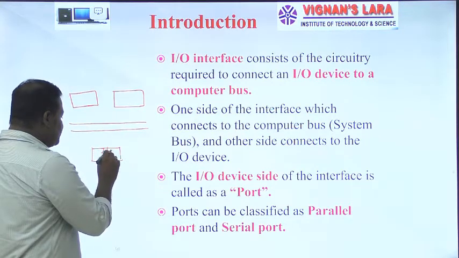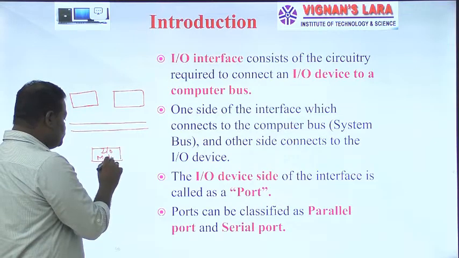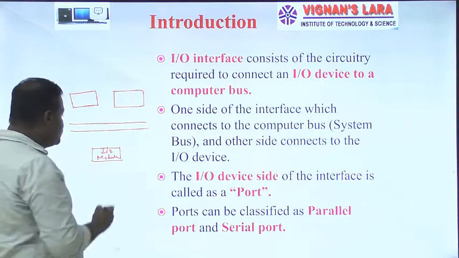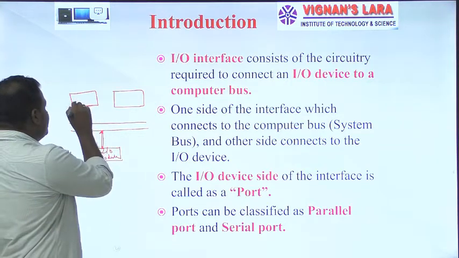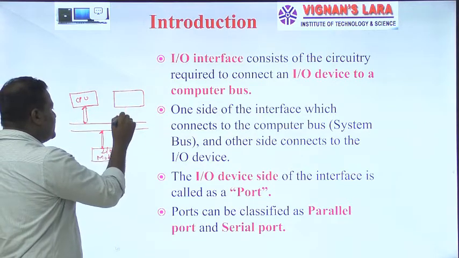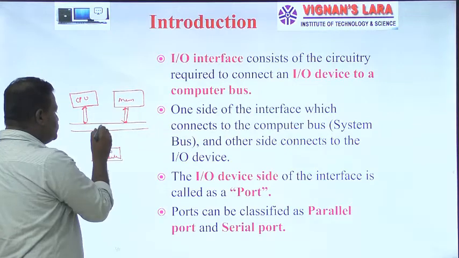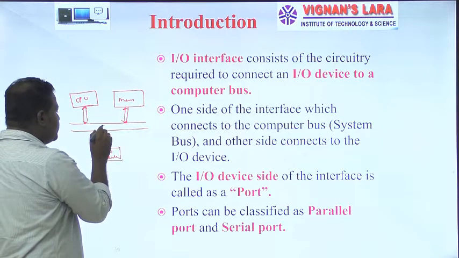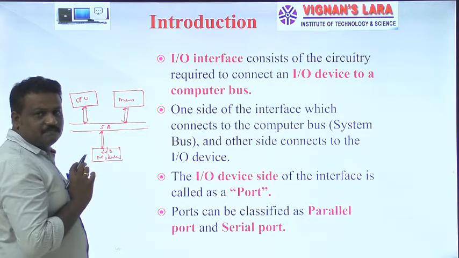This I/O interface we can also call an I/O module. It is connected to this bus like this, and this is our CPU, which is also connected to the bus, and this is a memory, again connected to this bus. This bus we can generally call the system bus or computer bus.